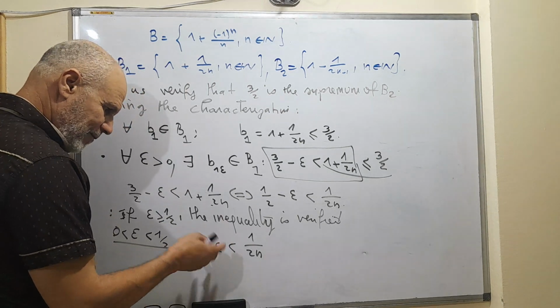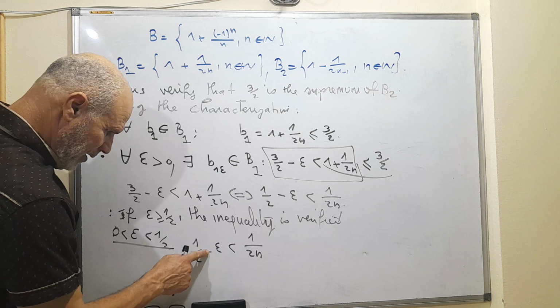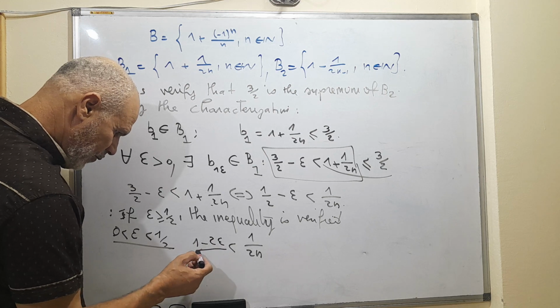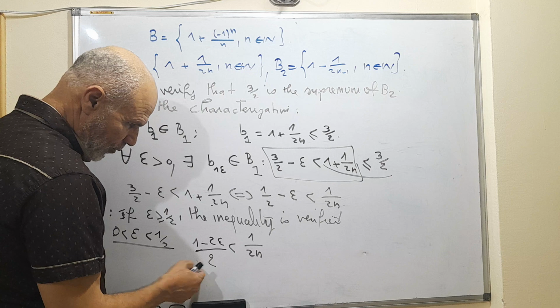If we take the inverse, we can write this as (1 minus 2 epsilon) over 2, and we cancel 2 with 2.